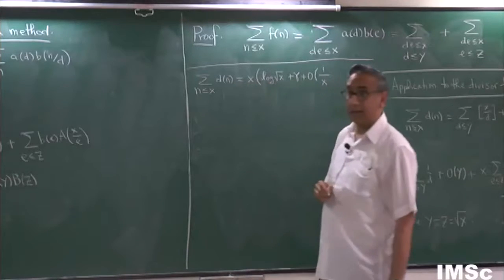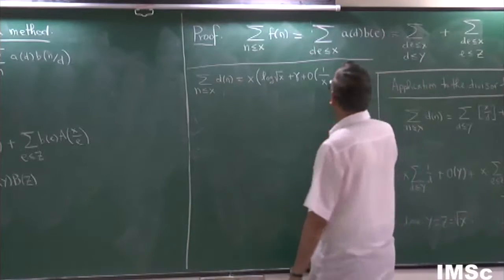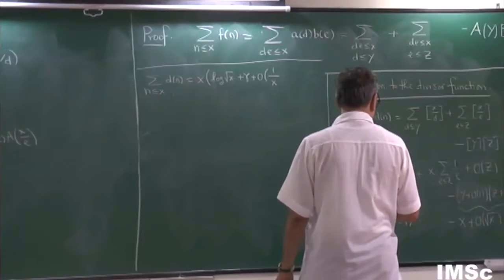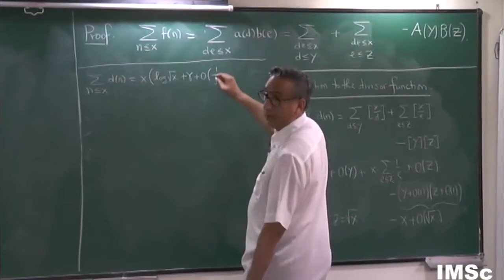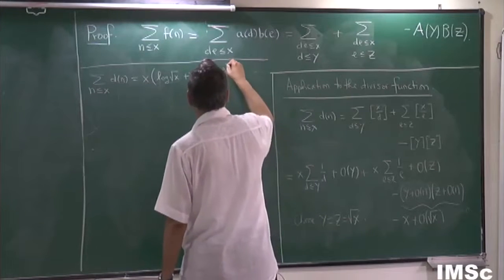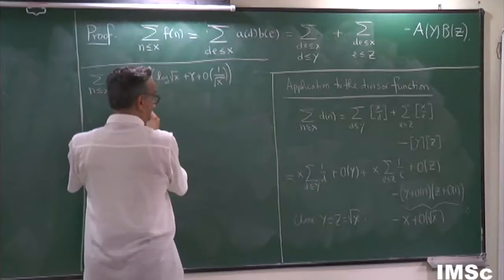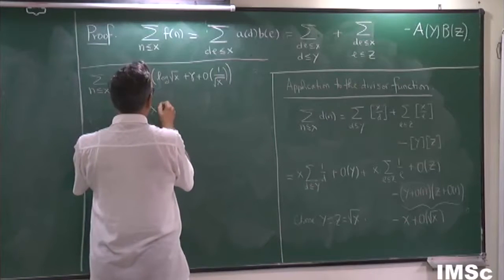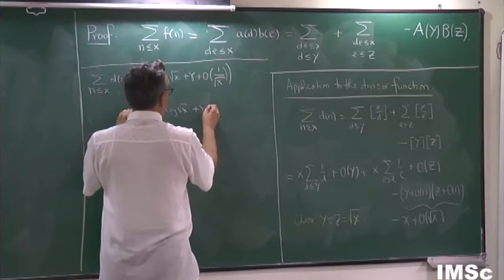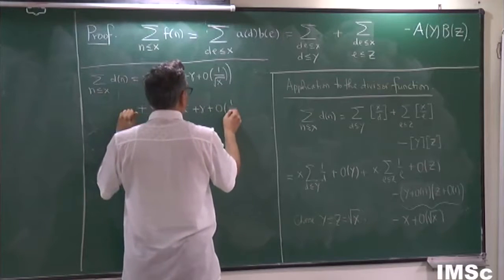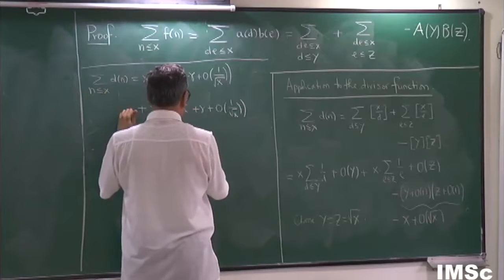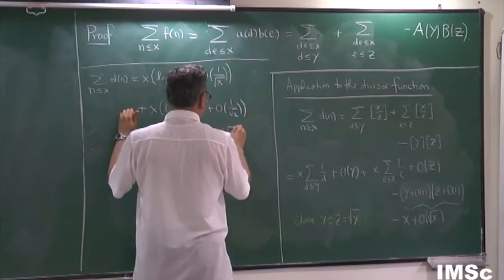Remember that formula we had? Oh, is it 1 over x or 1 over root x? D is less than or equal to root x now, so it's 1 over root x. Yeah, thank you. And then the next term is x log root x plus gamma plus O of 1 over root x, minus x plus O of root x.